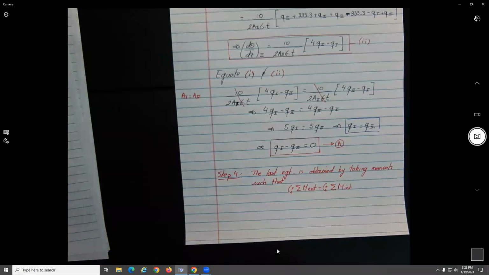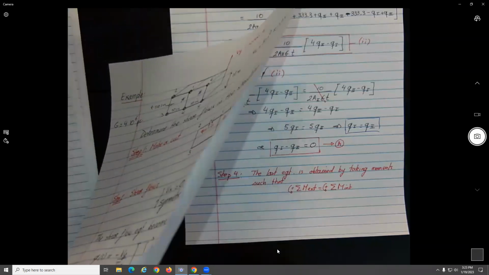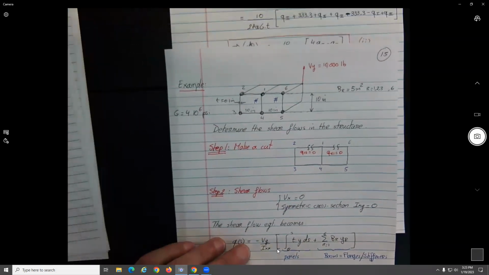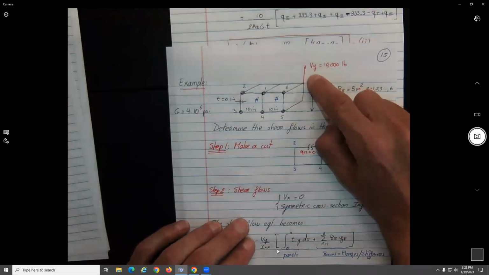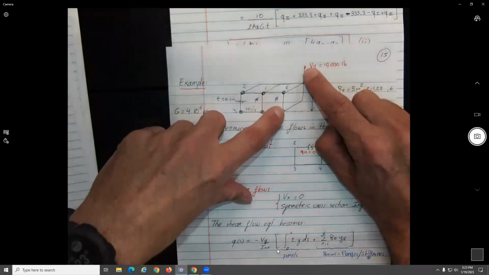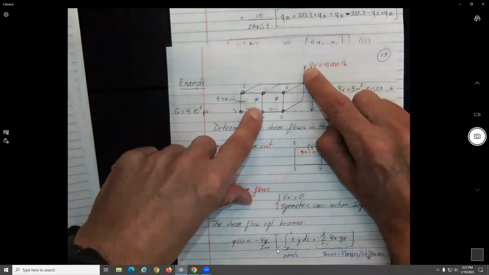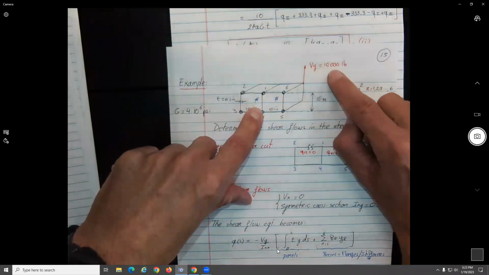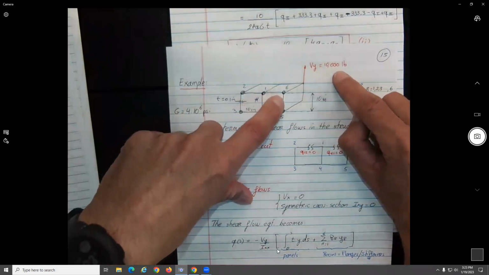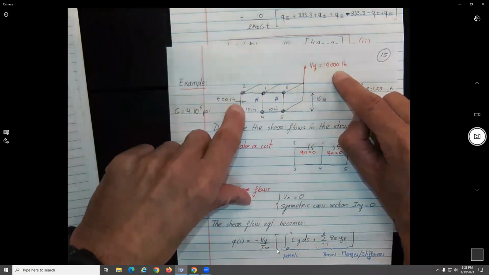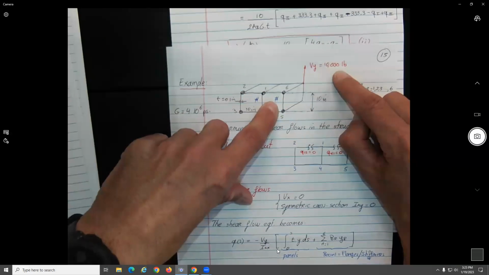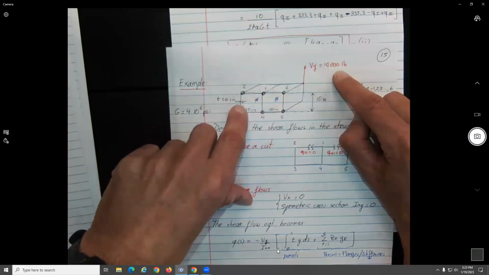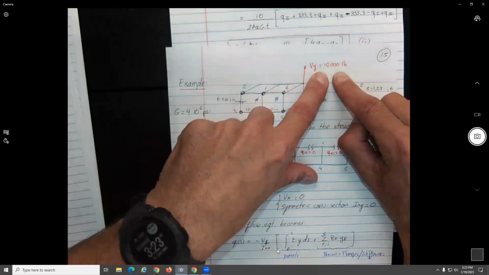For more understanding, if you apply this force over here, this is the one that is going to be resisted by all the shear flows in these panels. That's why we have this 1000 divided into 333, 333, 333, but we needed to introduce the Q1 and Q2 because they were closed cells.